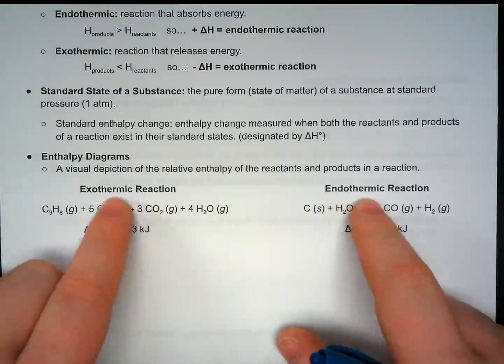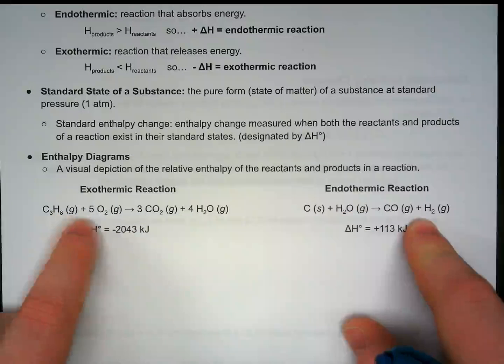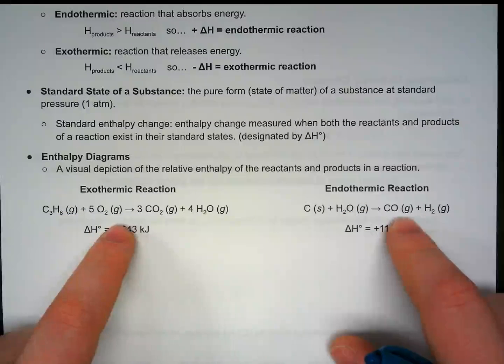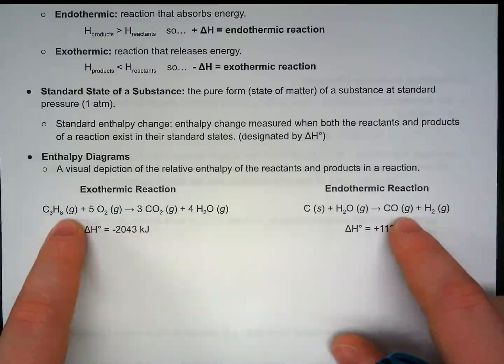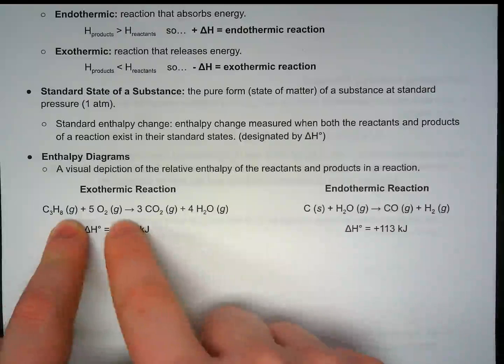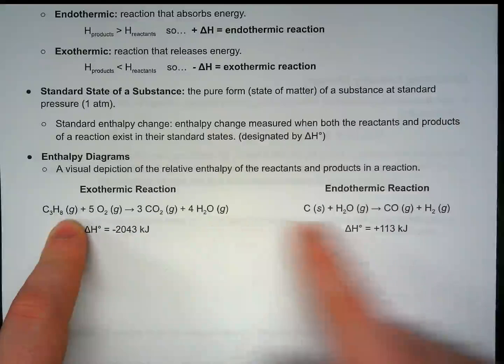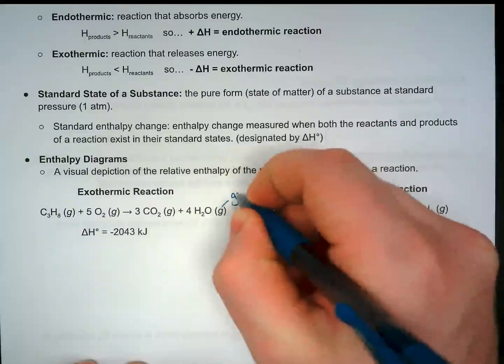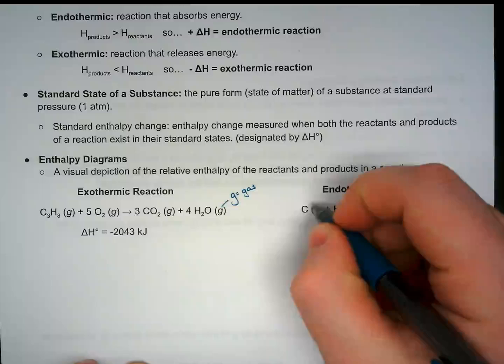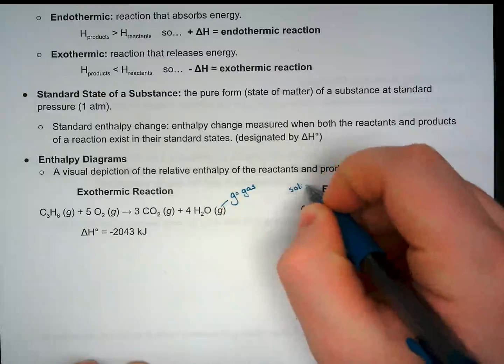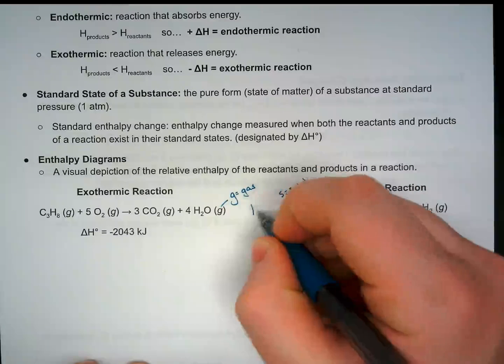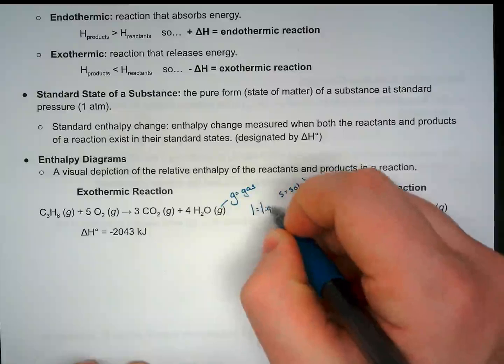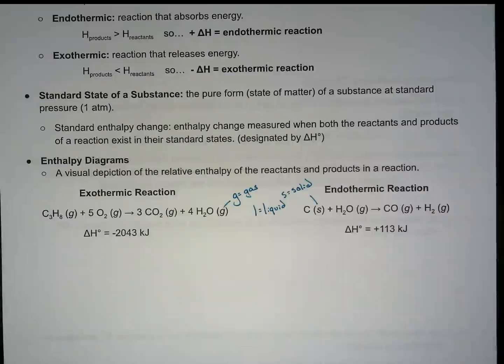So just real quick, notice that here is our complete and balanced chemical equation. And before we move to showing the diagrams, there are these little G's in this one, and then there's a G and an S in this one. You can just make a note that G stands for gas, S stands for solid, and L, if you didn't guess already, stands for liquid.